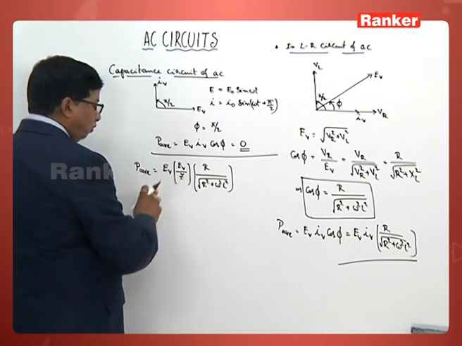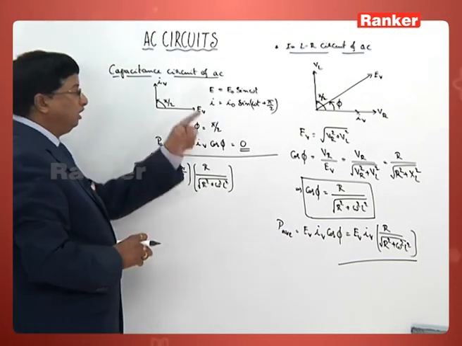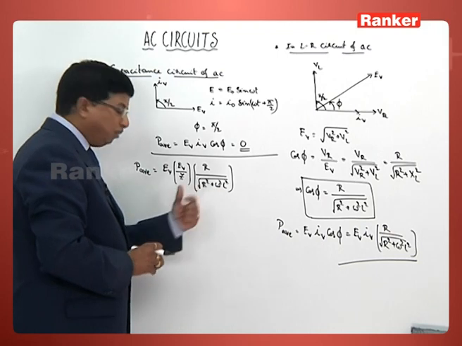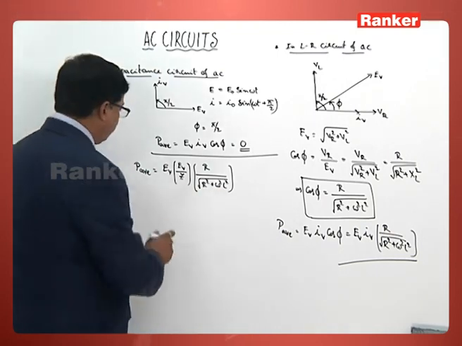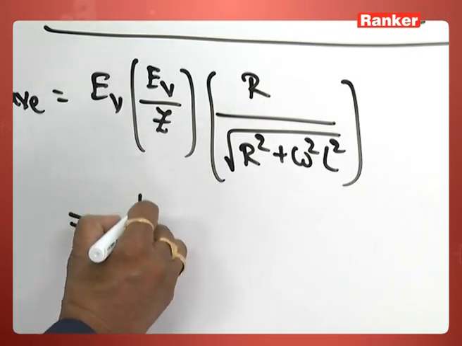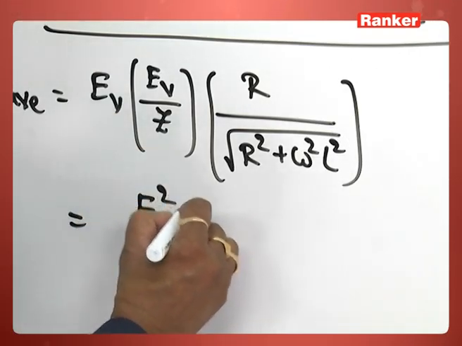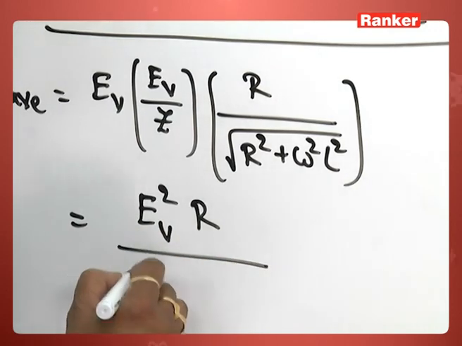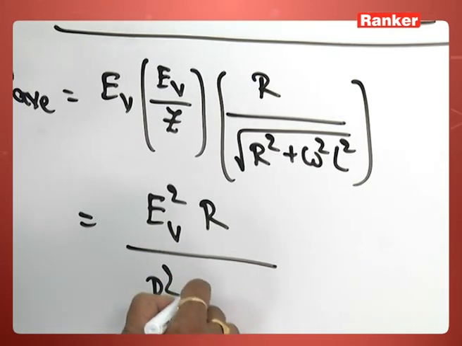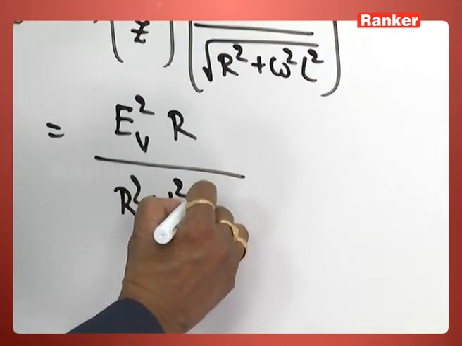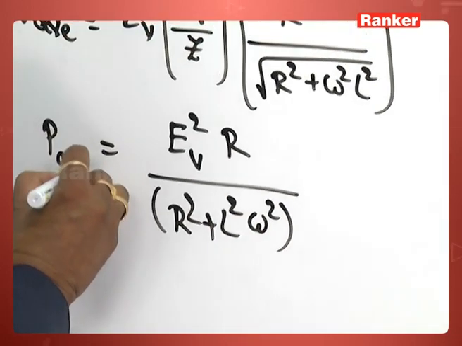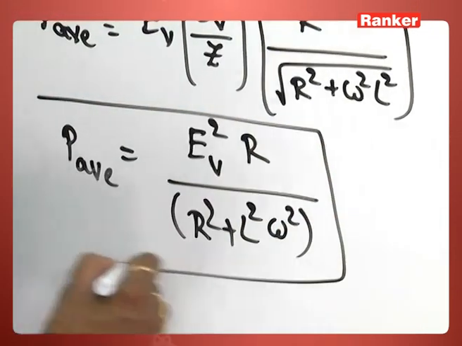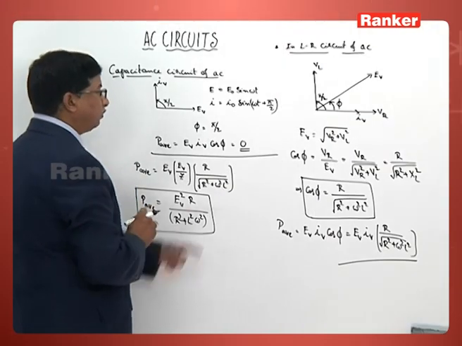We know the impedance in an LR circuit is root over R square plus omega square L square. Therefore, you can rewrite it as E virtual square into R divided by R square plus L square omega square. This is another version for the same power in the LR circuit.